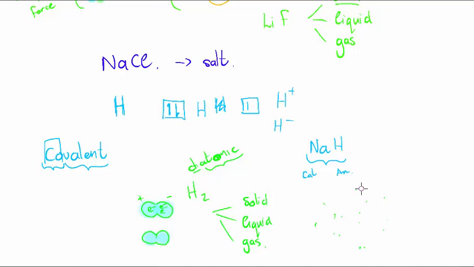In order to get it to be a liquid, the reason why it moves, what type of energy is motion? If something moves, what type of energy does it have? Kinetic. So if I want to reduce its kinetic energy, I need to reduce its temperature. If I want to keep the molecules together, I need to reduce the temperature, because if I take away temperature, I'm taking away energy.